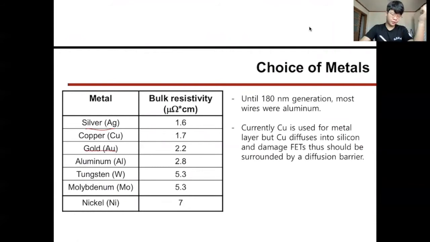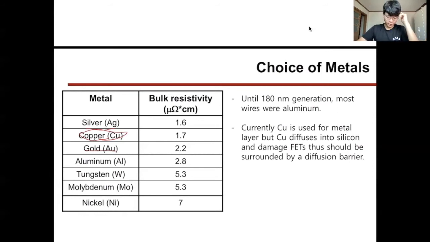Nowadays, we use copper, but copper has a very high disadvantage: it cannot be etched, either wet etched or dry etched. For the wet etch, we rarely use it on the front end of the line, which means the transistor structures on the wafers. The metal layers at the end are what we call the back end of the line.